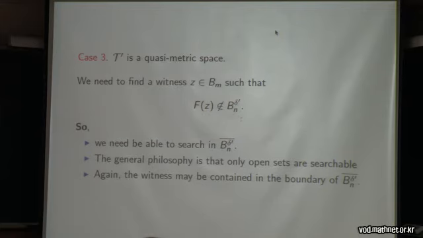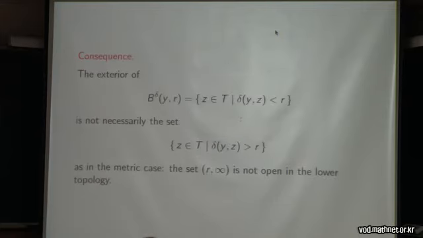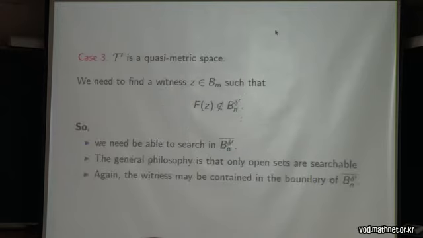But as I said here, the exterior is not necessarily this set. So what I said is not true. In the quasi-metric case, the complement of this set is not necessarily contained in the exterior of a smaller basic open set.